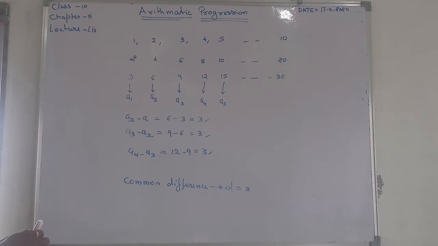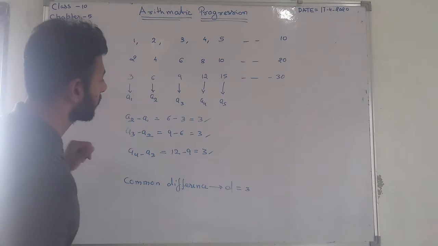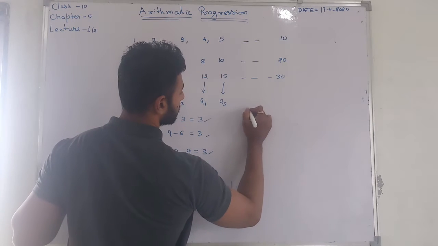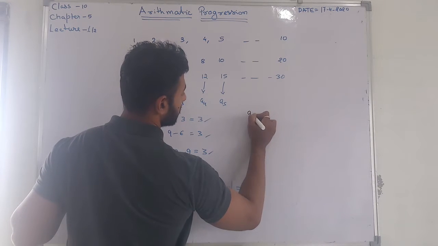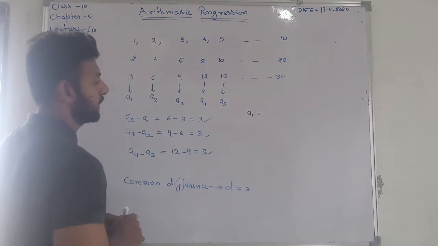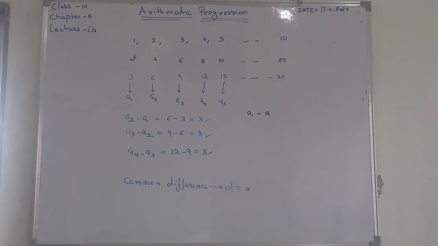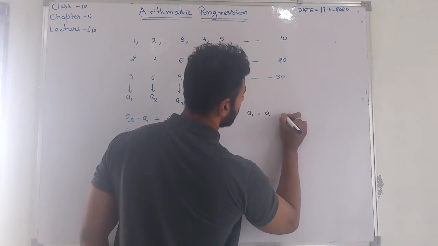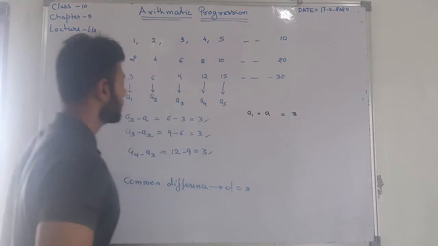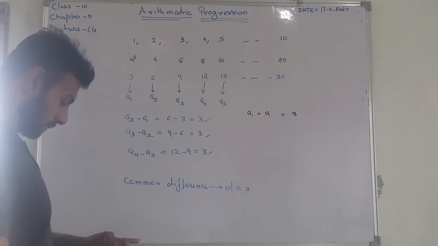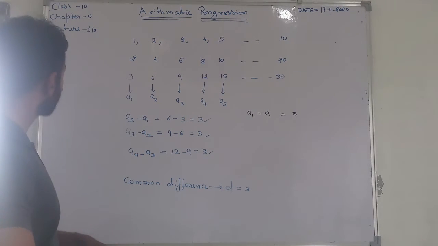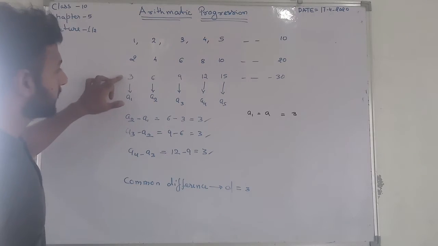If we suppose A1 as A, then this number is 3.